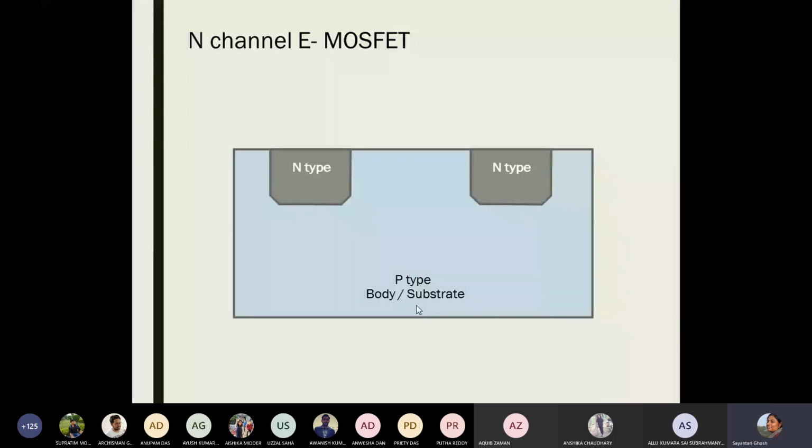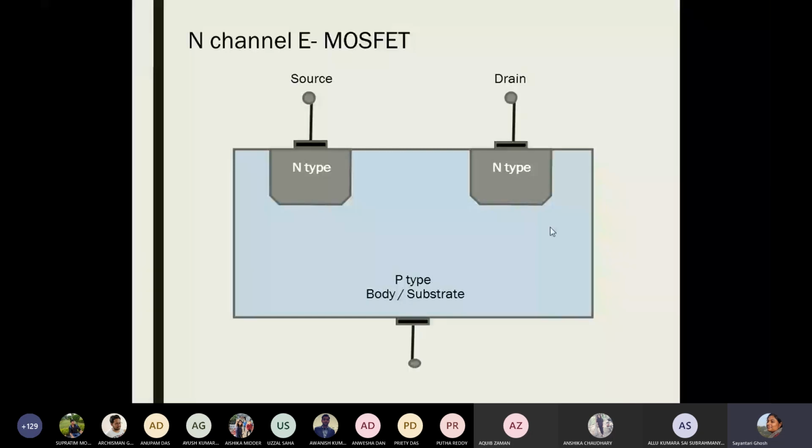On that p-type semiconductor, we create two regions which are N-type by doping them on that substrate. You can assume them as grooves: you create two grooves and dope them with N-type material, creating two wells of N-type material. This is the base structure of your N-channel E-MOSFET.